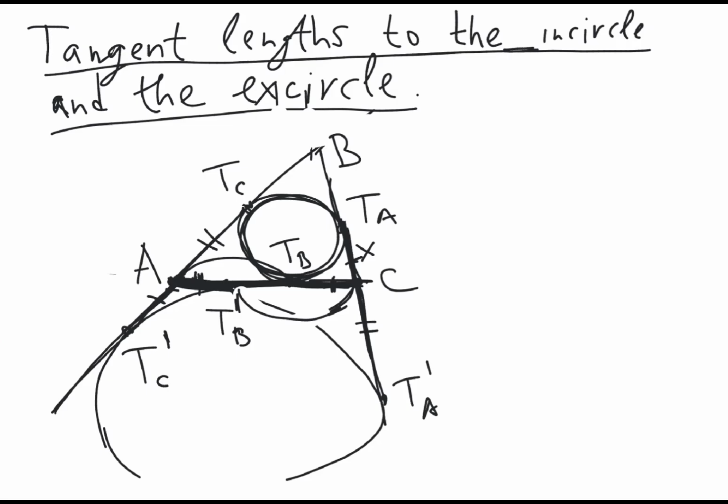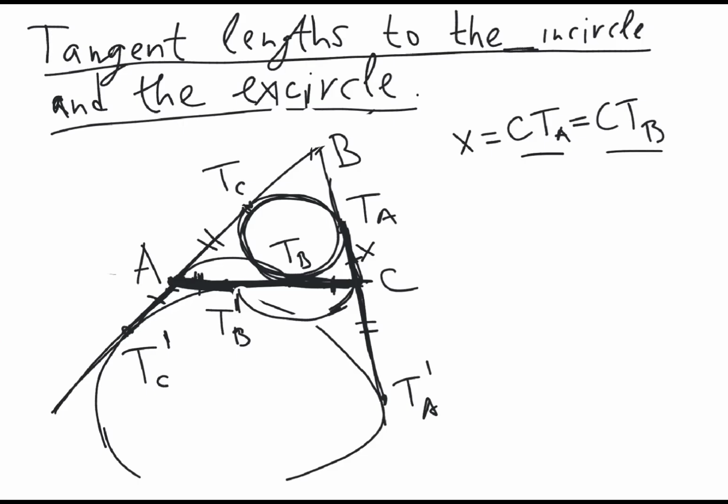Okay, and the theorem, yeah, so let's denote now. Let's denote X to be CTA, and it is also CTB, because the tangents from the same point to the same circle are equal to each other.